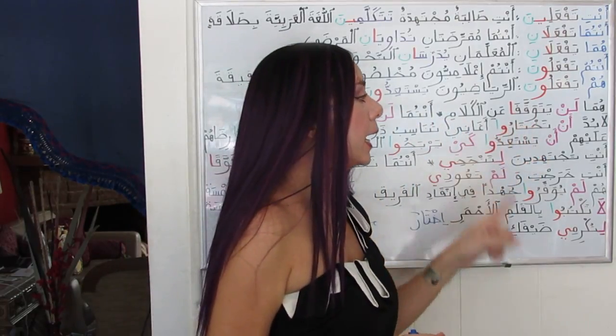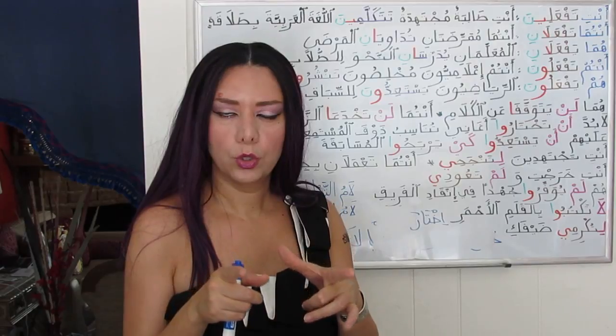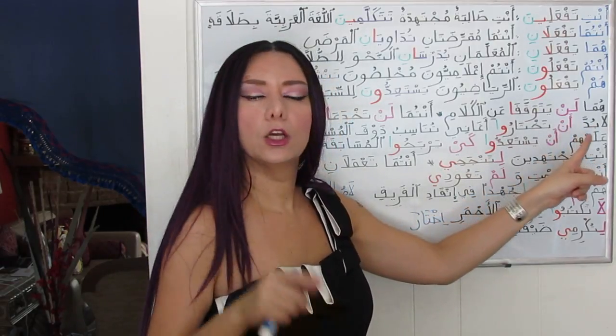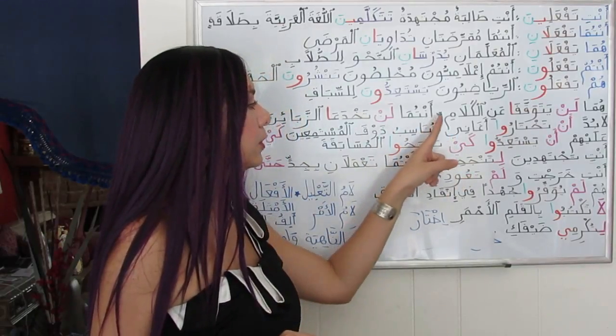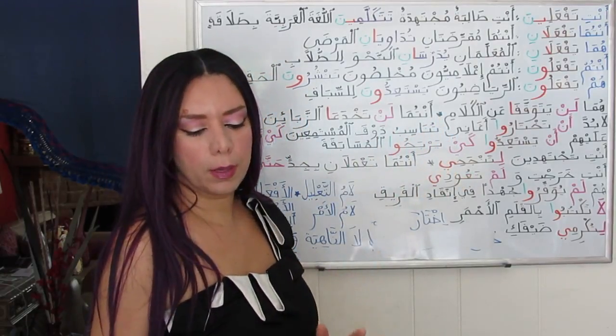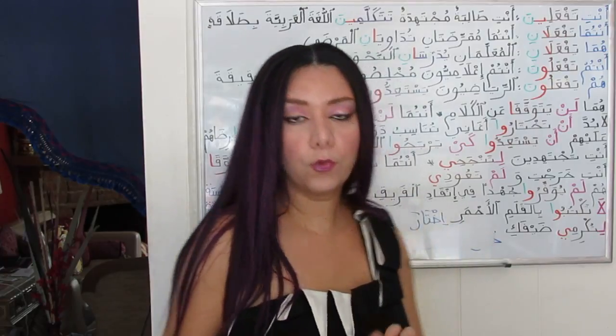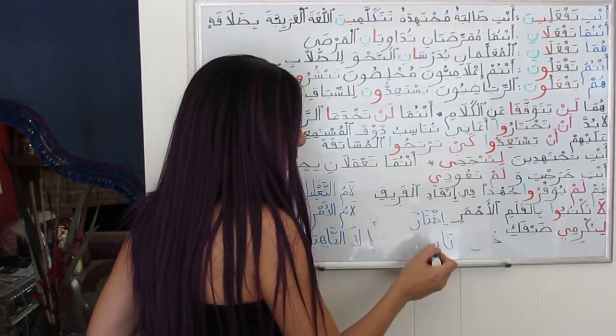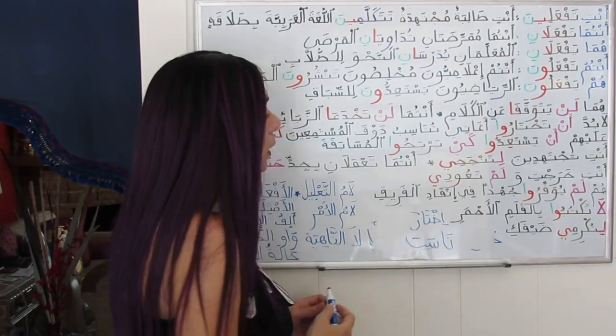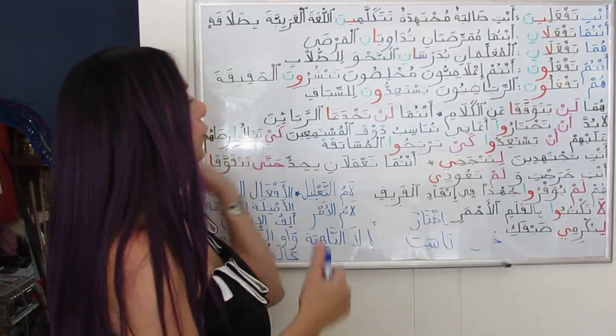So لابد أن, you have to choose songs that تناسب. ناسب is form 3, to suit, to fit.